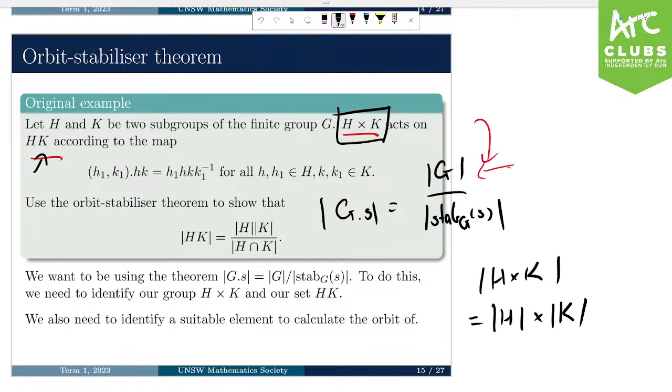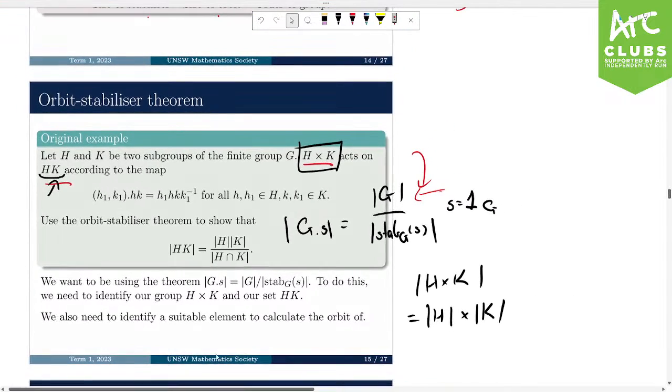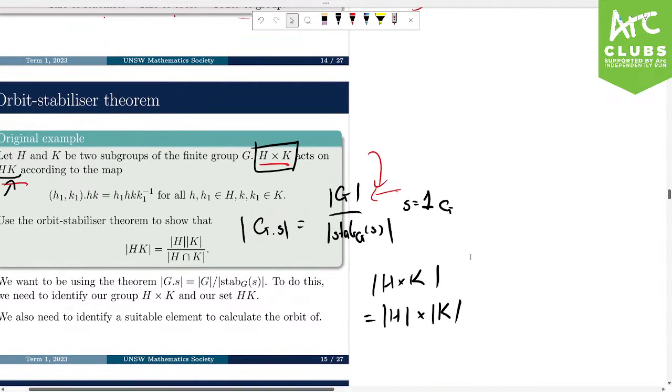The default choice, and one that we know has to be in HK, is the identity of G, because they are subgroups. So if we let s equal 1_G, we can look at its stabilizer.